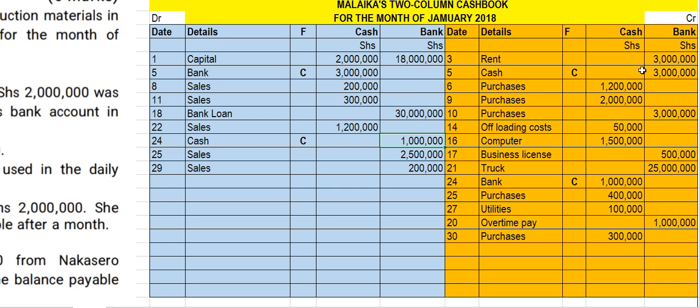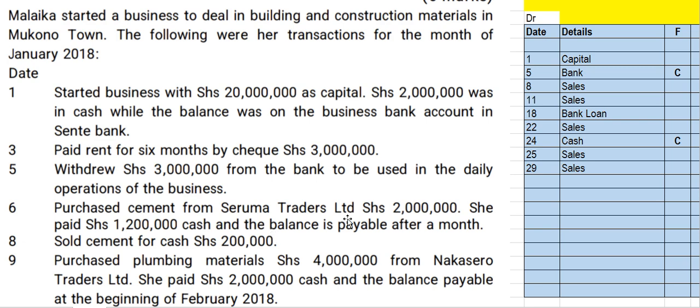On 6th, purchased cement from Seroma Traders Limited, shillings 2 millions. She paid shillings 1.2 million cash and the balance is payable after a month. Now, the total value of the cement is 2 millions, but in the cash book, I'm only interested in how much has been paid.